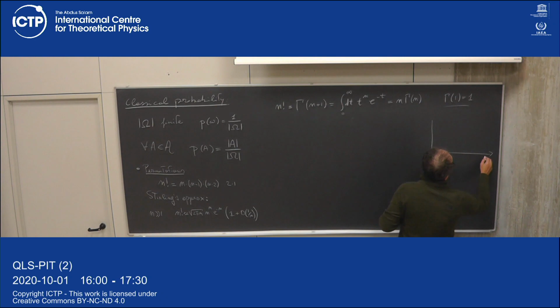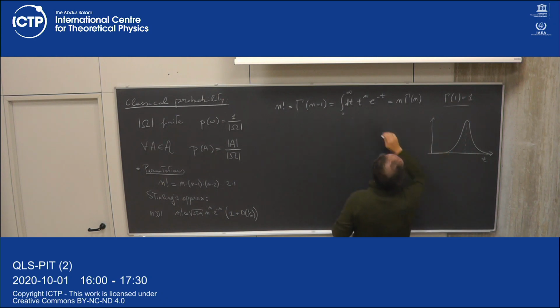So if I plot the integral, what I will see is that this is a function that has this type of behavior with a maximum that I can compute from here, which is at t equal to n. Okay, this is a function t to the n e to the minus t.